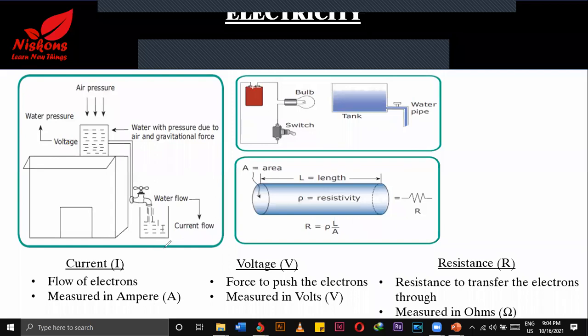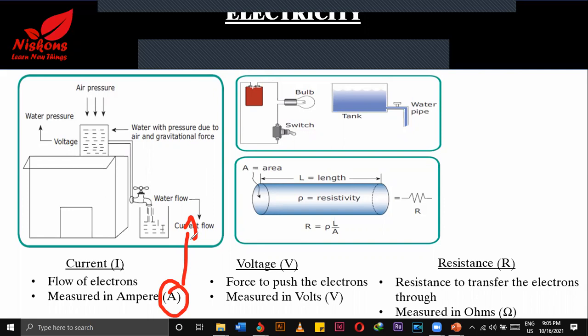But the current, the flow of electrons, will be measured in amperes. We have to be aware that the currents used in our class will be very, very low.